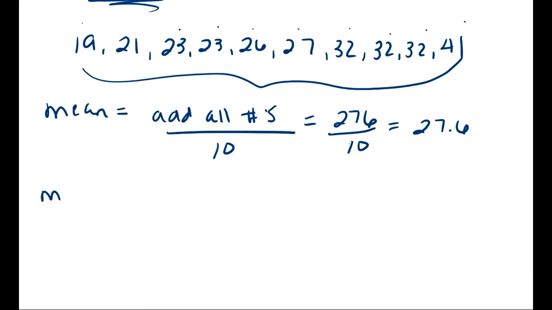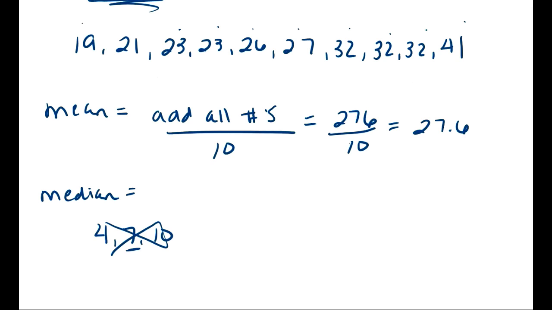Okay. The median is the middle number. So if you have an odd set of numbers, it will be very easy. For example, if I had something like 4, 7, and 10, my middle number clearly is 7, right? But what if in our case we have an even set of numbers, which means if I count back, I'm going to get 2 middle numbers.